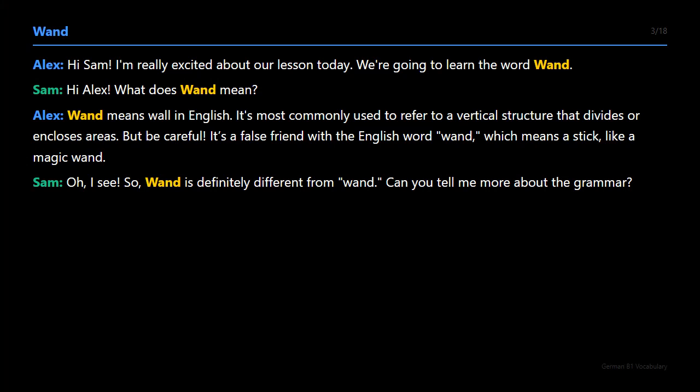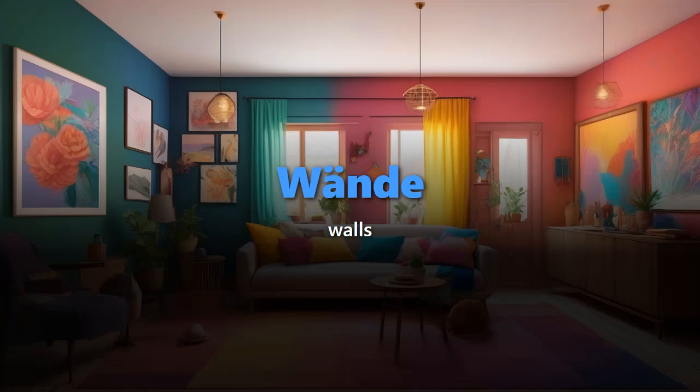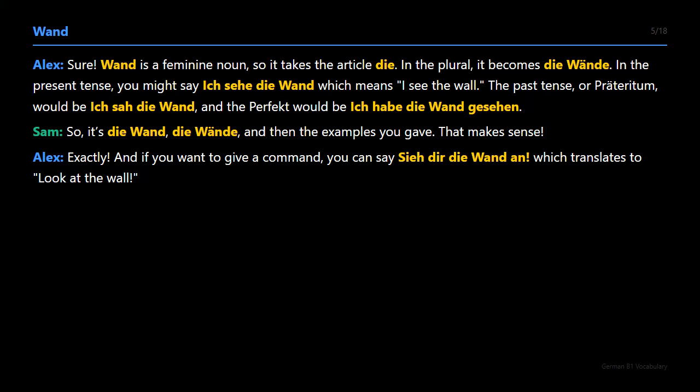Can you tell me more about the grammar? Sure. Wand is a feminine noun, so it takes the article Die. In the plural, it becomes Die Wände.